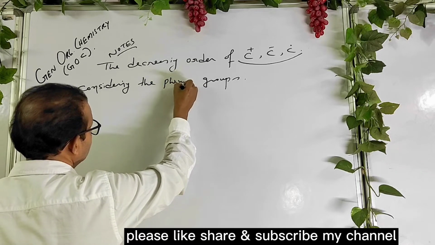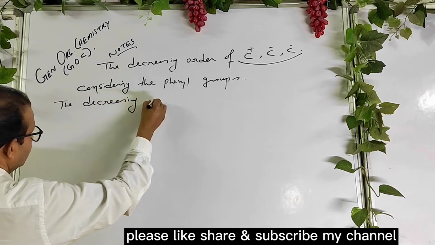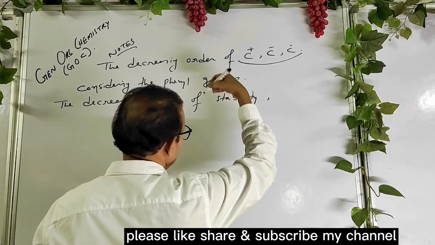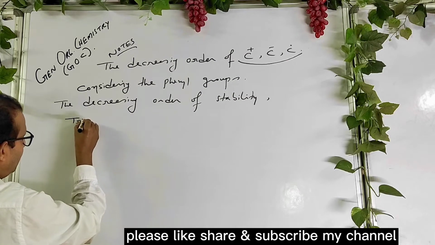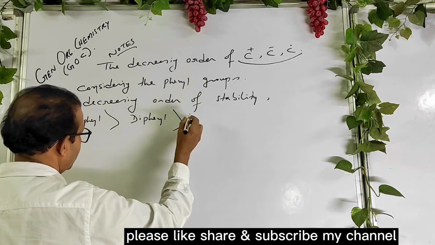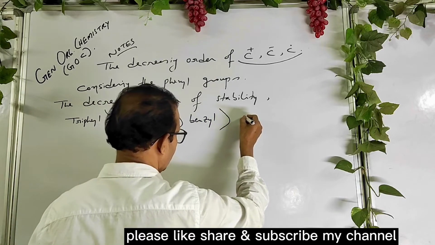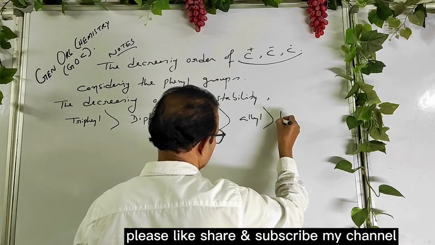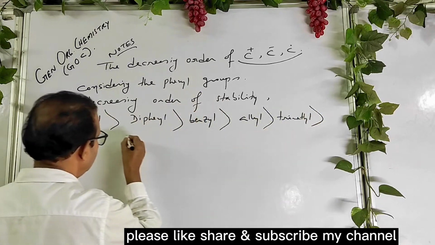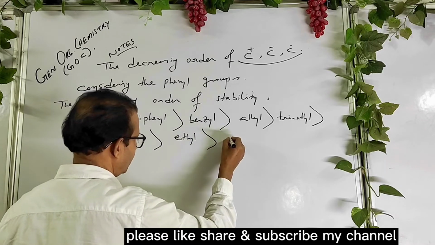Considering the phenyl group, the decreasing order of stability in all the cases is: triphenyl greater than diphenyl greater than benzyl greater than allyl greater than trimethyl greater than dimethyl greater than ethyl greater than methyl.